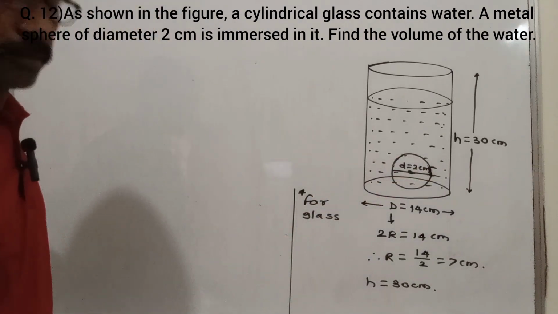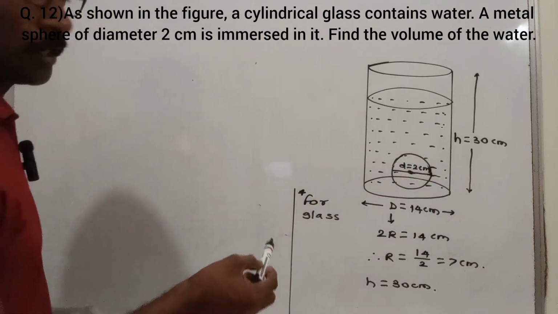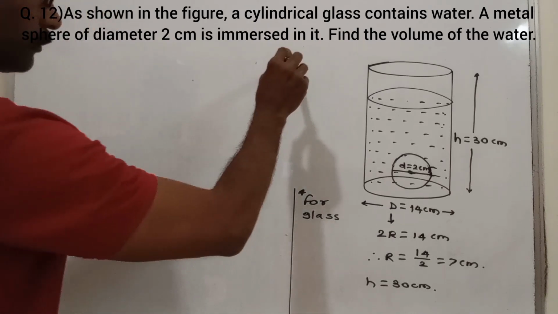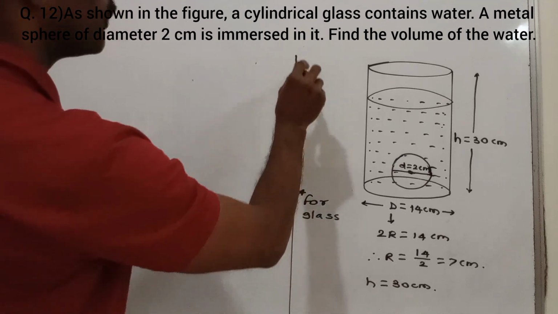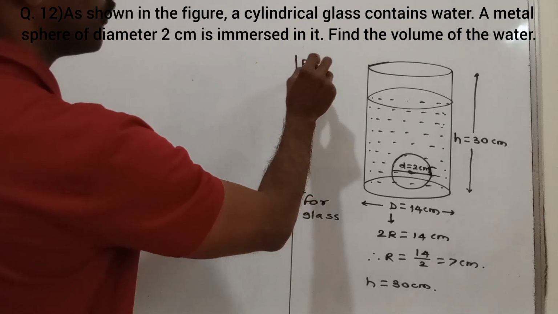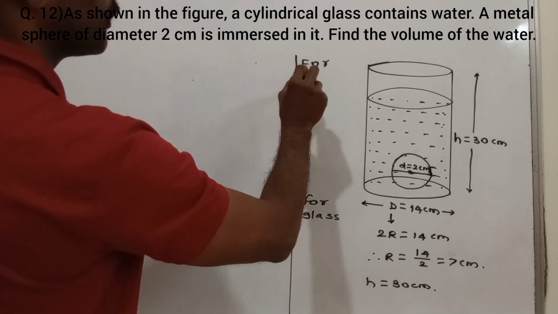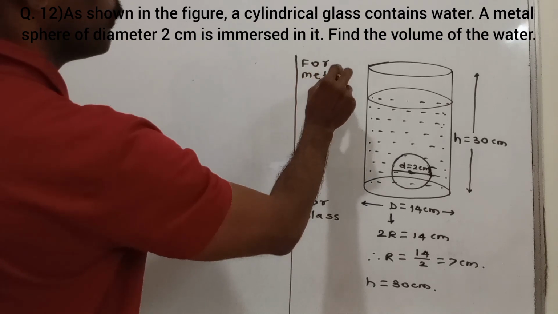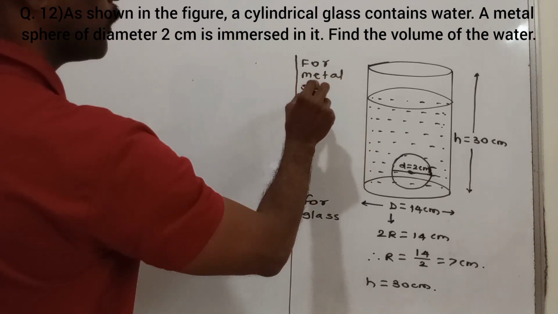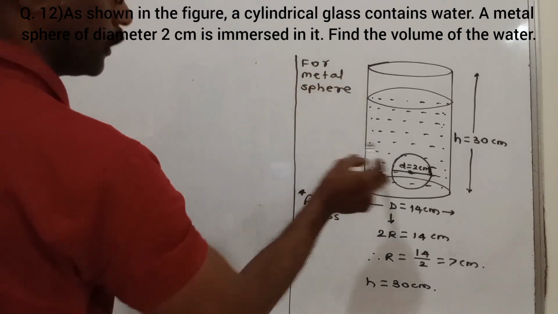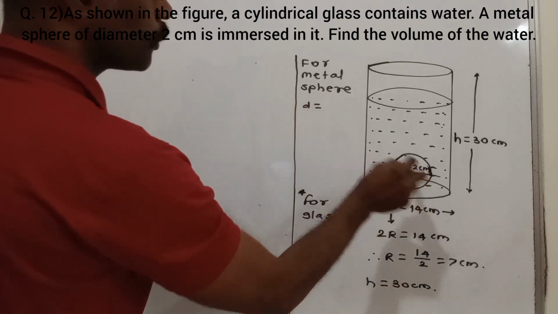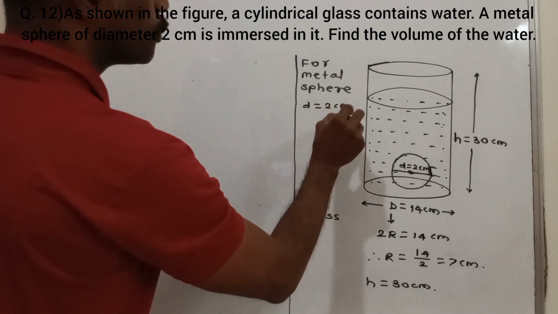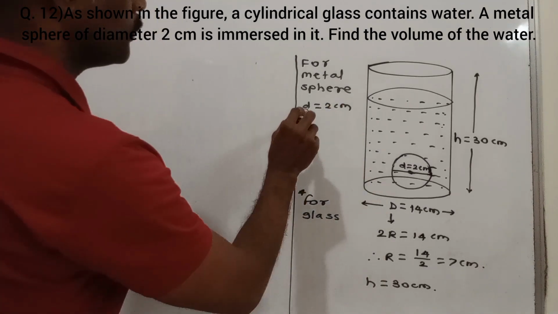Now, we write for this metal sphere. D is equal to 2 centimeter.